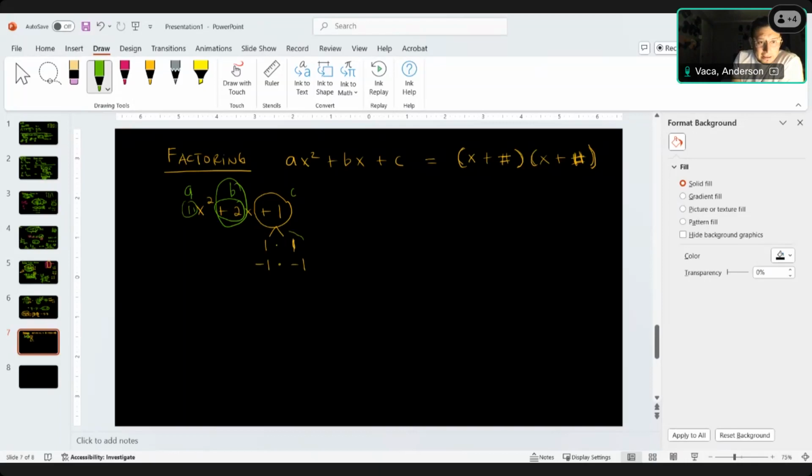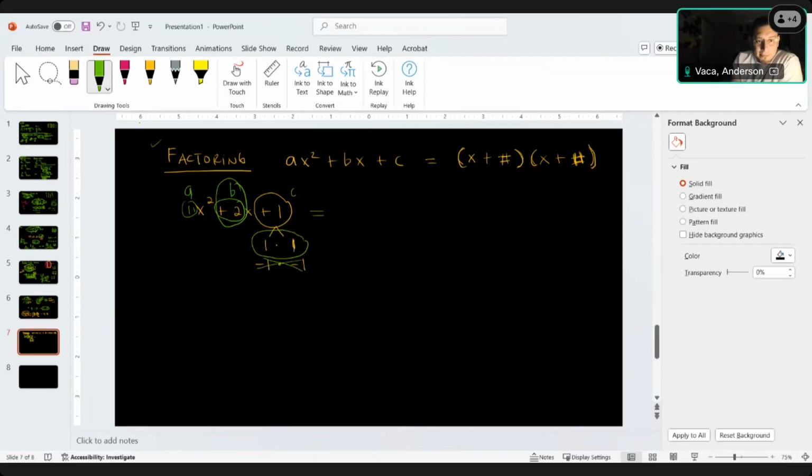Well, I could definitely get a 2 if we add 1 plus 1, because if we add -1 with a -1, we'll get -2. So finding this set of numbers is critical in doing this thing called factoring.